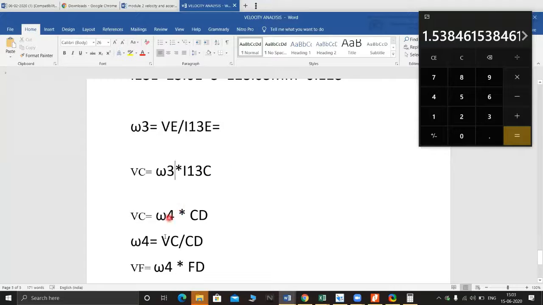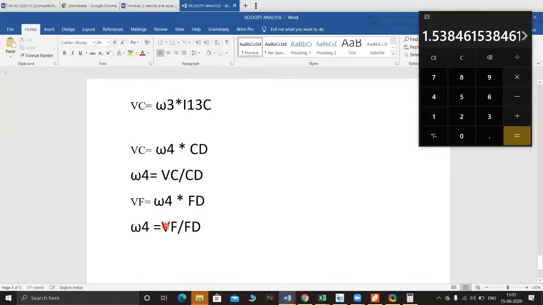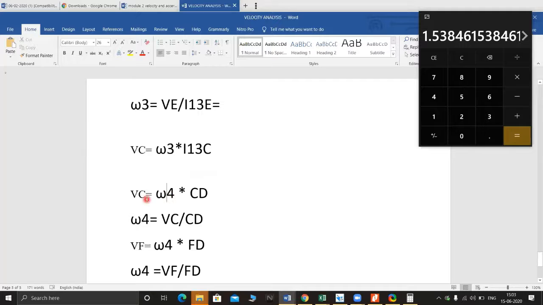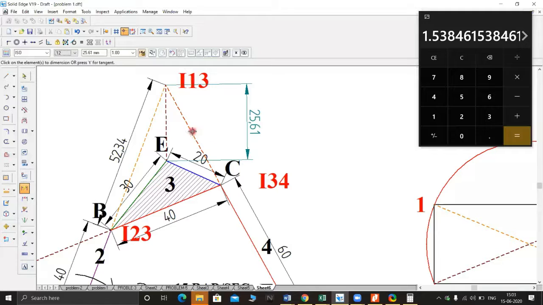So if we want omega 4, we require either VC or VF. Therefore, omega 4 means we can find VC now. What is VC? Omega 3 into I13C. Where is I13C?